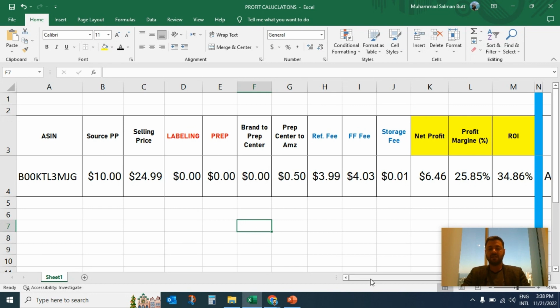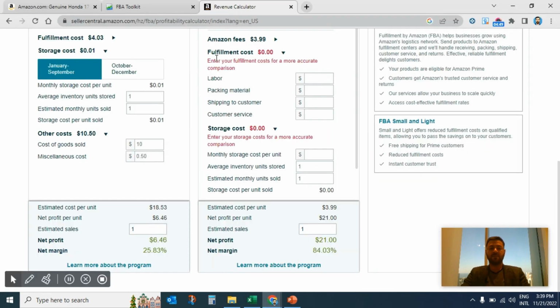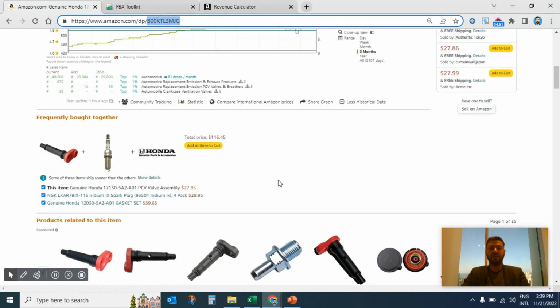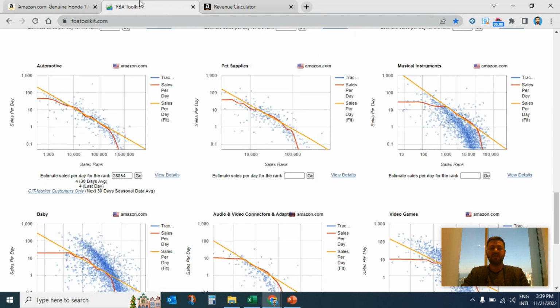Next, we will now see how to get the total monthly revenue, and how we will be able to calculate how many units we should order. So I have seen that this product is listed in the automotive category, and its 90 days BSR is 28,864.